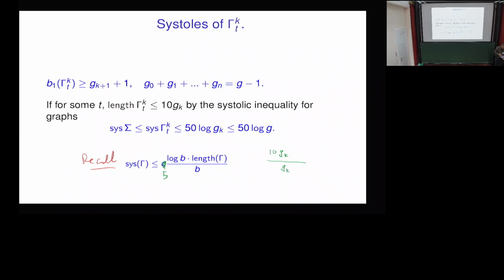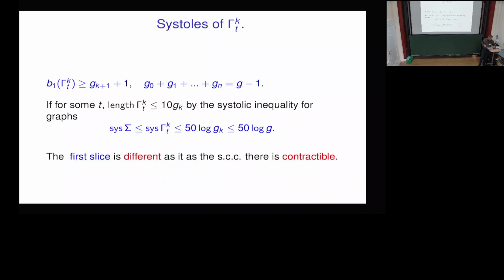Let's just make it g_j, and then, since I use the inequality, I have log g_j. And then I had also this constant 5. So I correct my constant from last time, it's 50. So this g_j cancels with this g_j, and I get that the systole is bounded. So if one of these lengths is small, then I'm done.